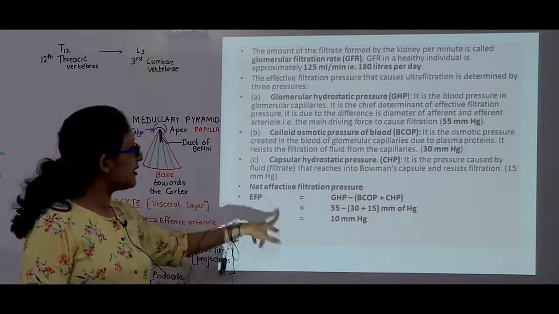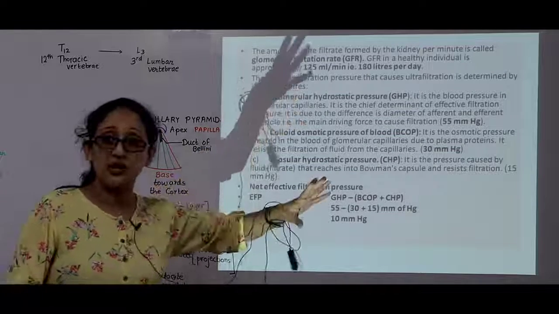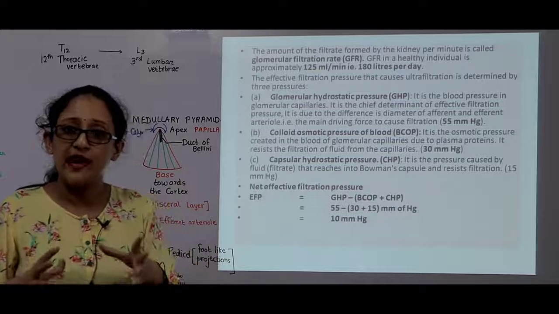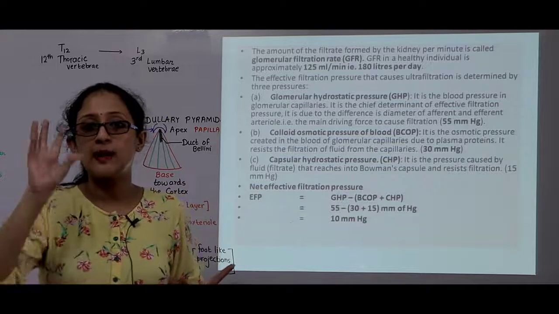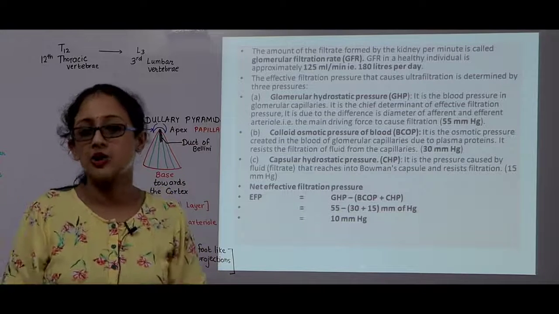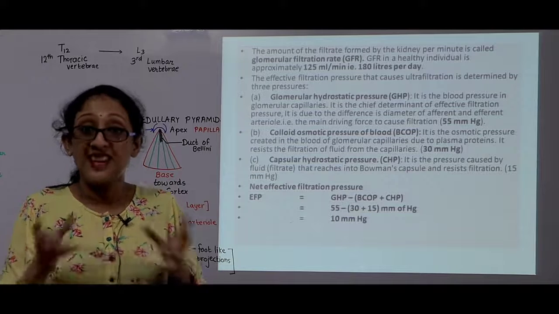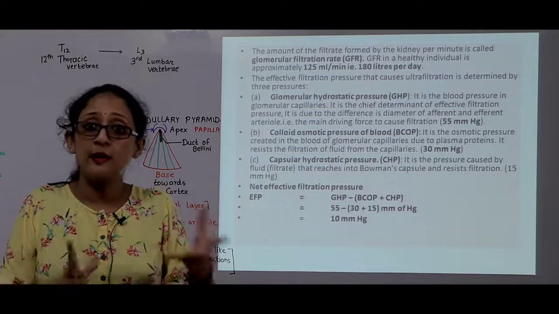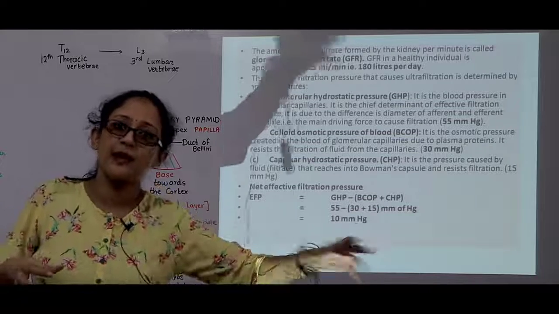So how do you get your effective pressure? I told you glomerular hydrostatic pressure is 55. It is the pressure caused by the difference between diameters of afferent and efferent. It wants filtration to occur, 55. But there is love between plasma and plasma proteins that prevents the plasma from separating out.